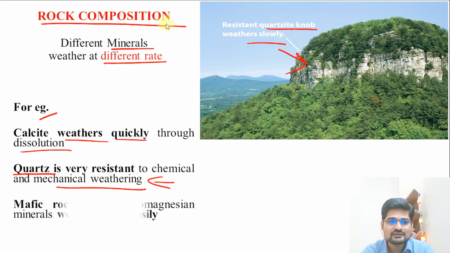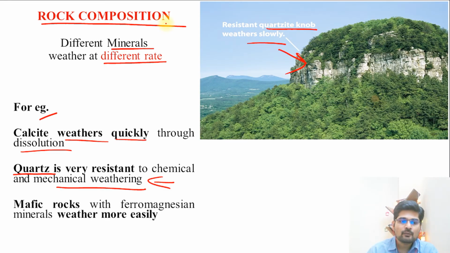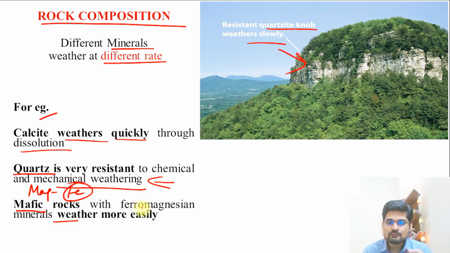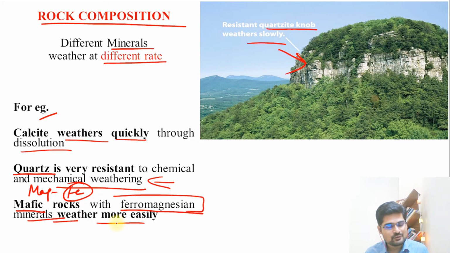Then what we understand further is the example of mafic rocks. Remember, mafic rocks contain magnesium and Fe, that is iron. So they are known as ferromagnesian minerals. Because they have iron as well as magnesium, and remember iron and magnesium are reactive to what?